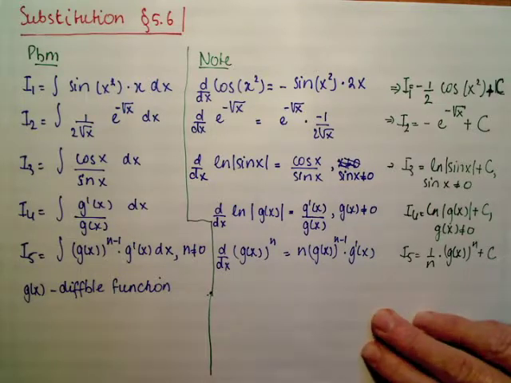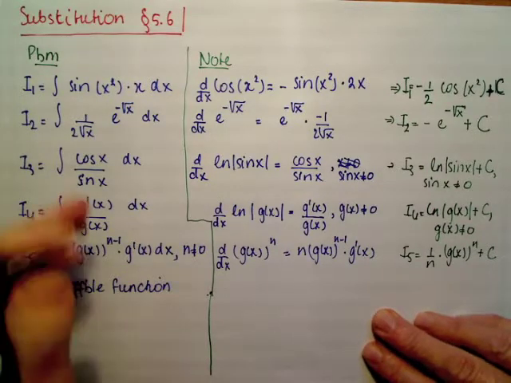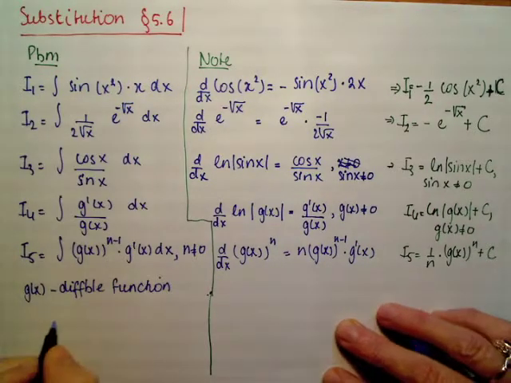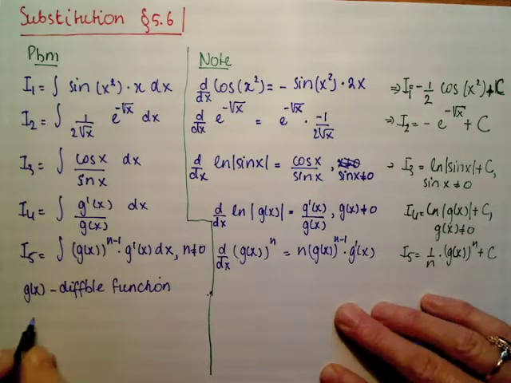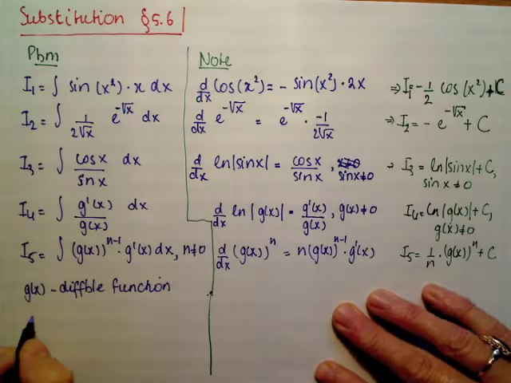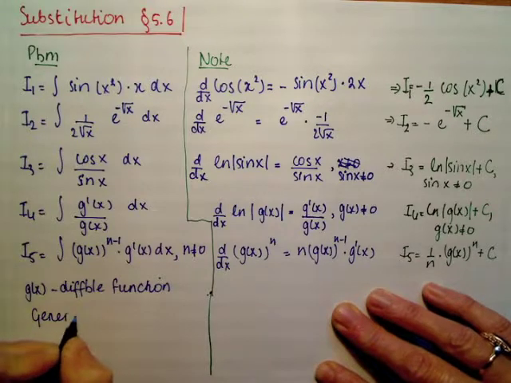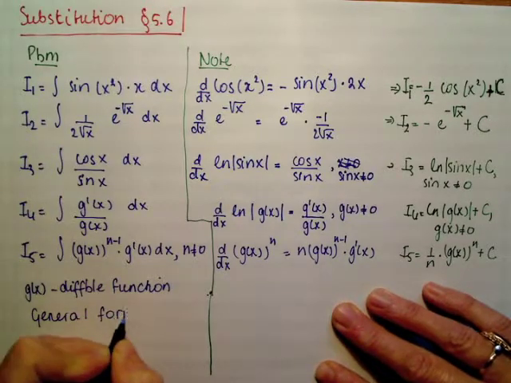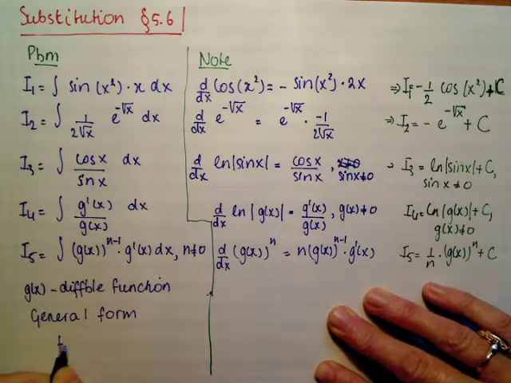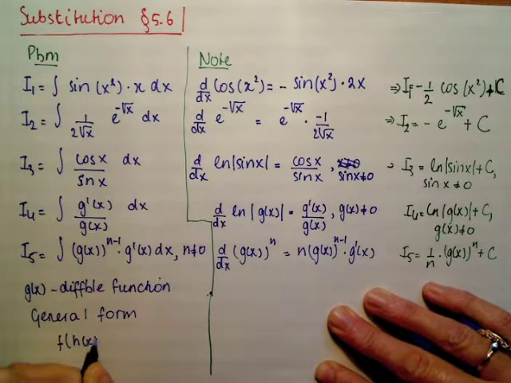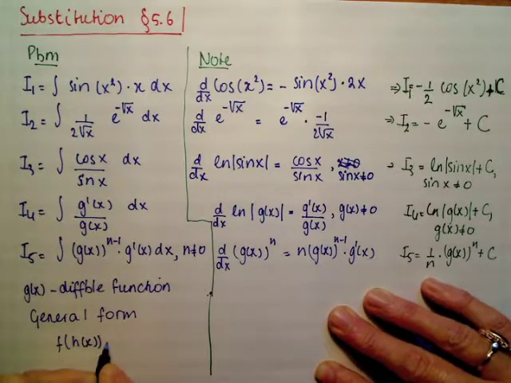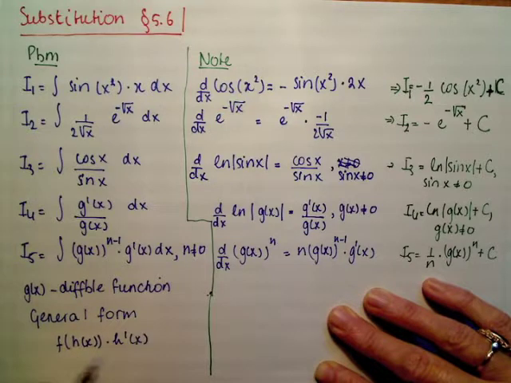Now what do these problems have in common? Essentially, what we wished to integrate was a function little f of a function h of x multiplied by the derivative of that function h of x.